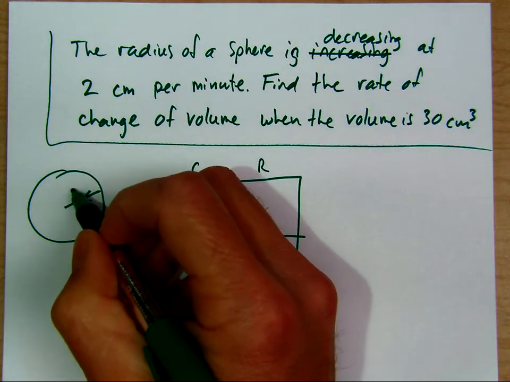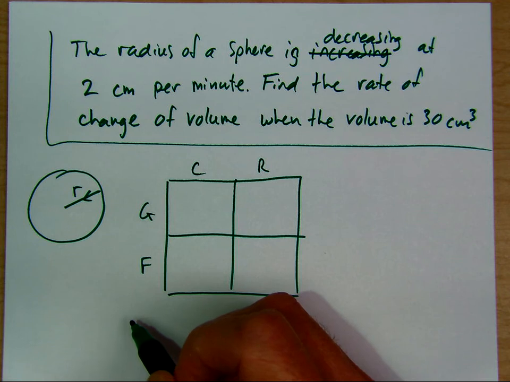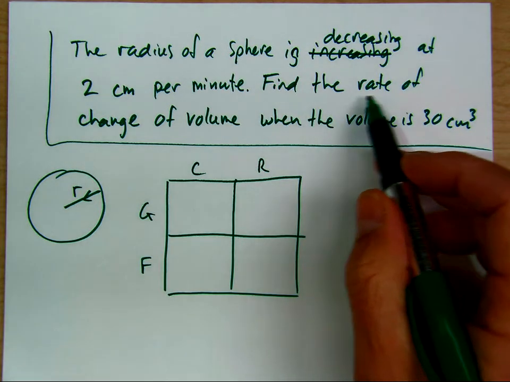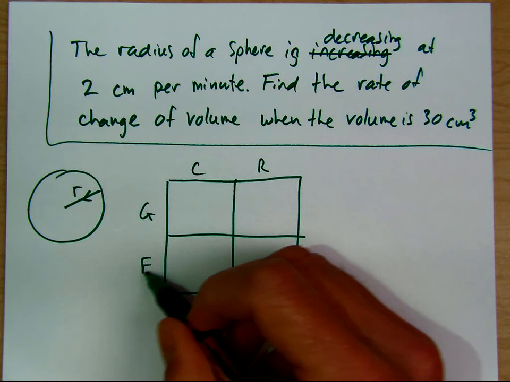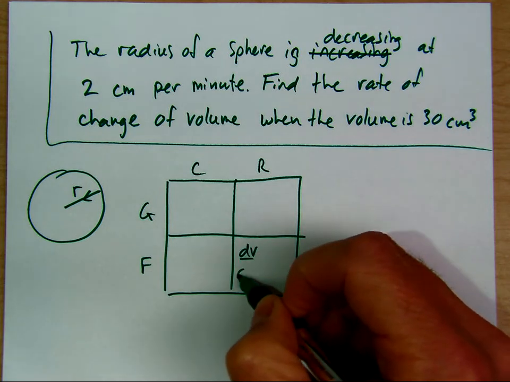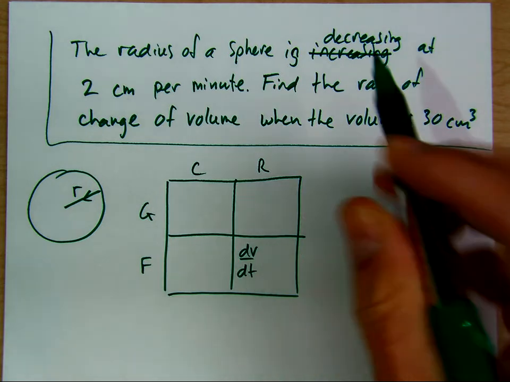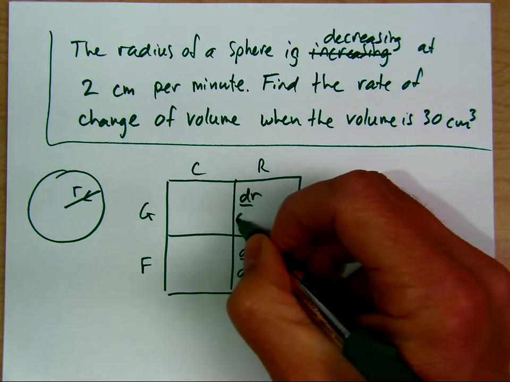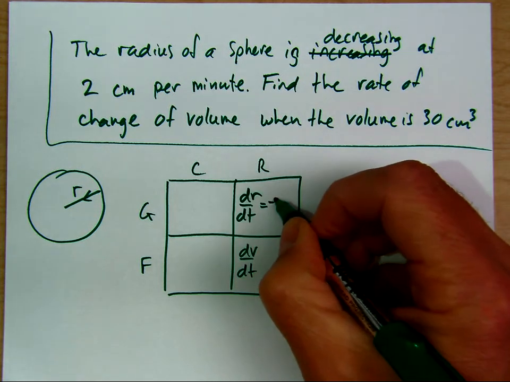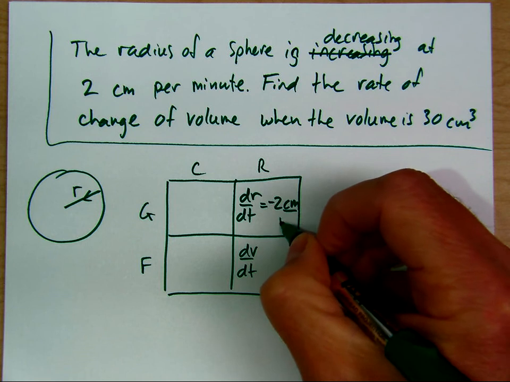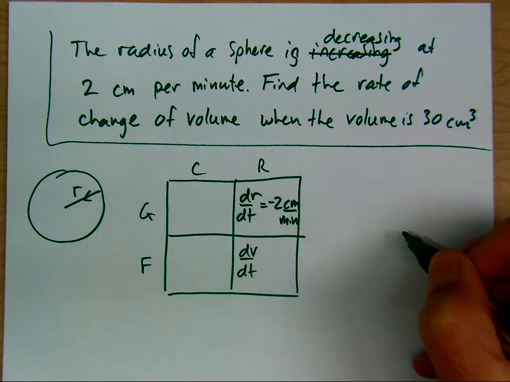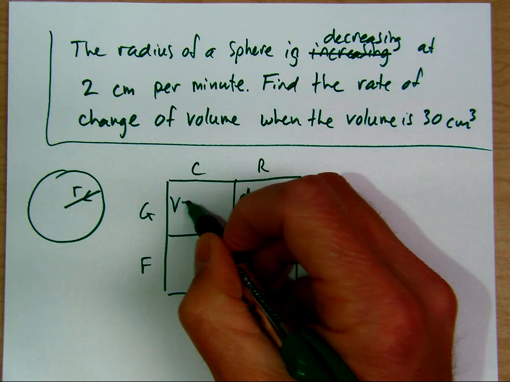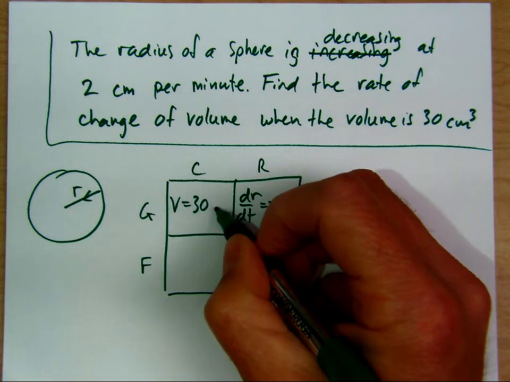Here we have the r, and it's dr/dt. We have V and dV/dt. Find the rate of change of volume, we're going to find dV/dt. The radius is decreasing, so we say dr/dt is -2 centimeters per minute. A given constant is the volume is 30 cubic centimeters.